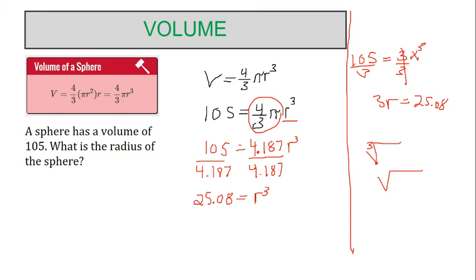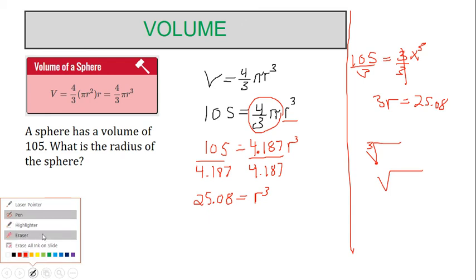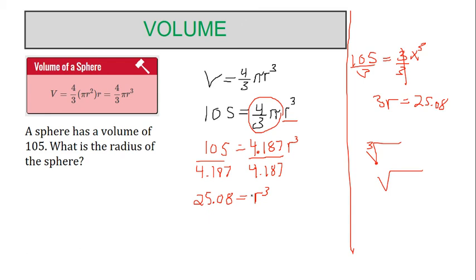If we had something raised to the fourth power, we'd take the fourth root. So when I'm taking the cube root of both sides, I'm looking for a number that when multiplied by itself three times is equal to what's underneath the radical. This is what undoes itself on the right-hand side, so we just end up with r.